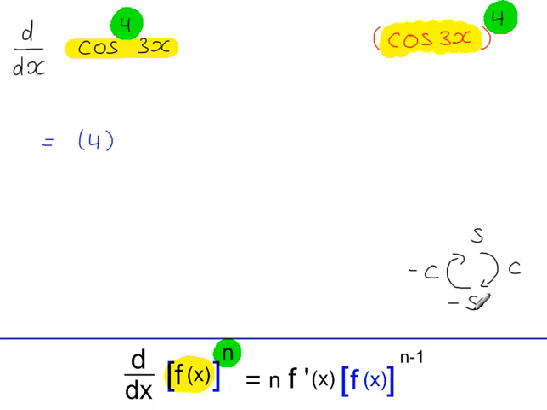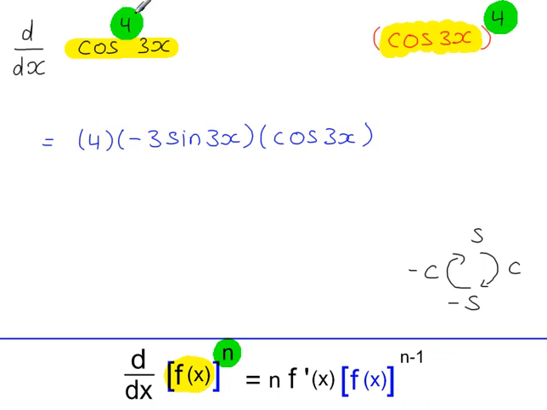Differentiating cos gives minus sine, so we've got minus 3 sine 3x times the original function in brackets. So the original function is cos 3x to the power of n minus 1.